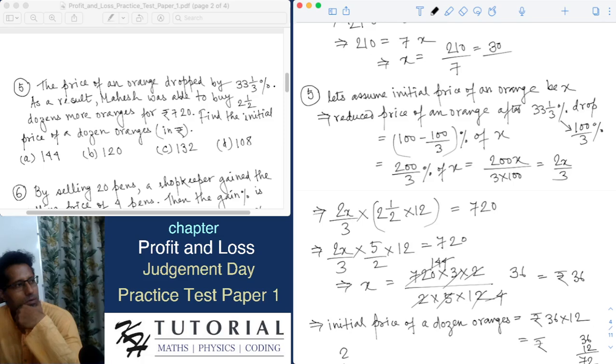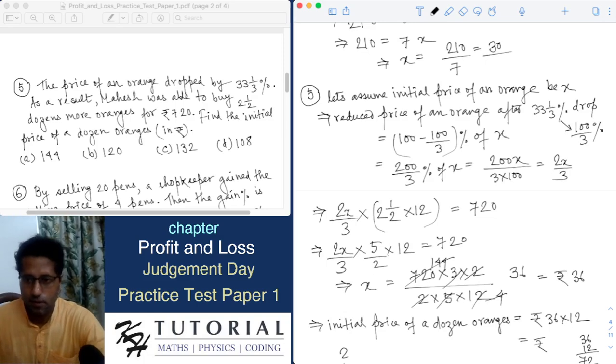So for rupees 720, how many oranges could he have had based on the initial price of an orange as X? It would be 720 divided by X.